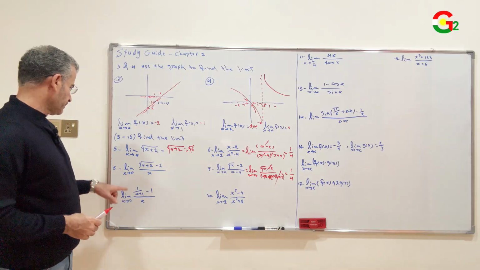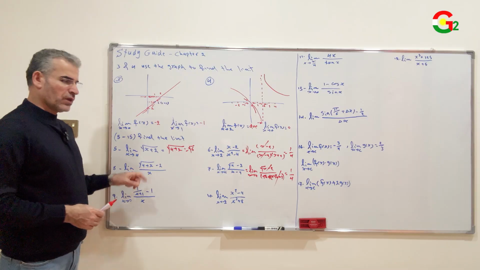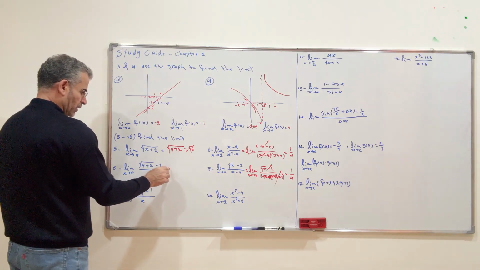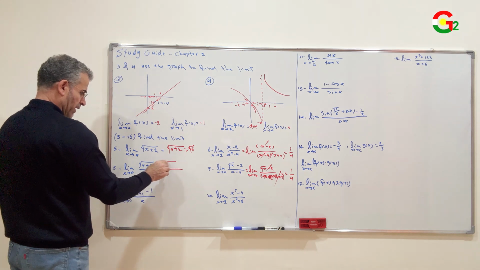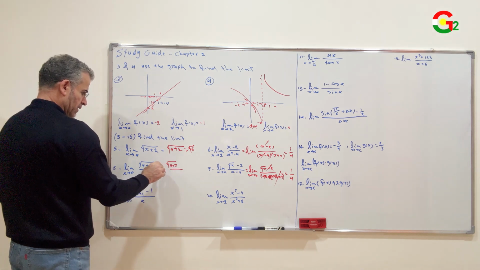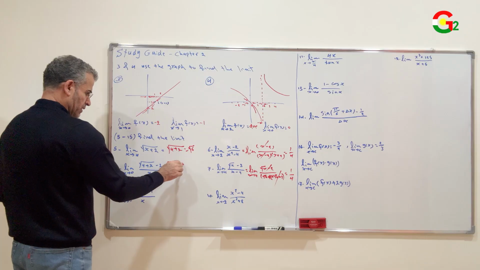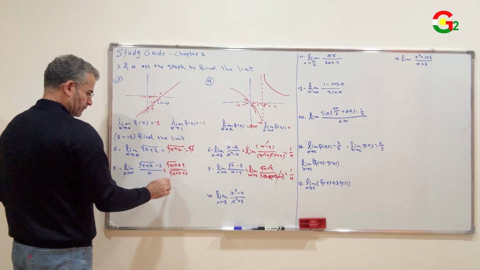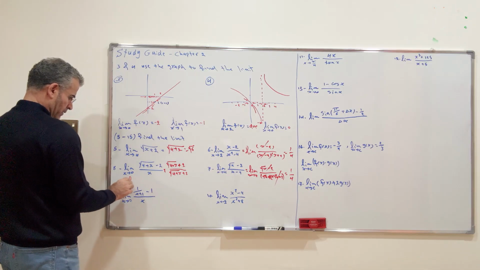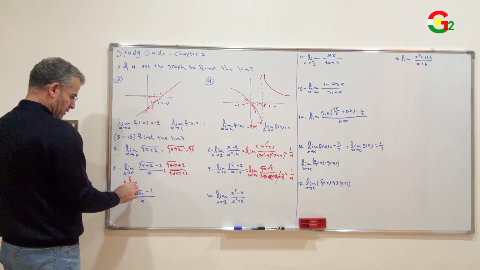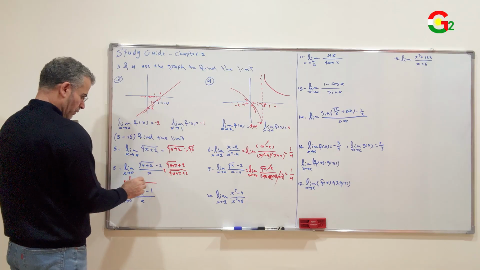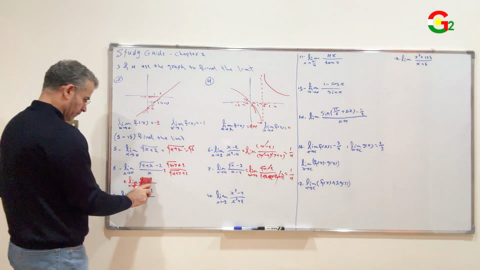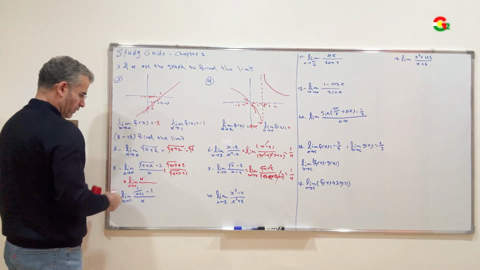Question number 8, 0 is not in the domain of this function, then multiply by the conjugate of the numerator, square root of 4 plus x, reverse sign, plus 2 over square root of 4 plus x plus 2. Then it will be, as x approaches 0, 4. Square root times square root, 4 plus x, minus 4.